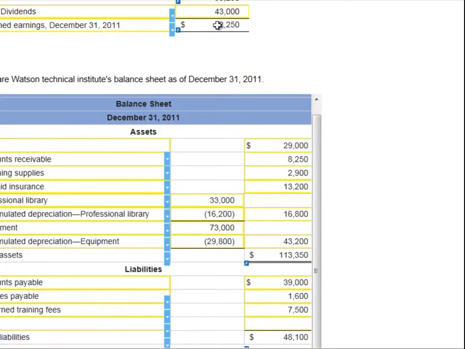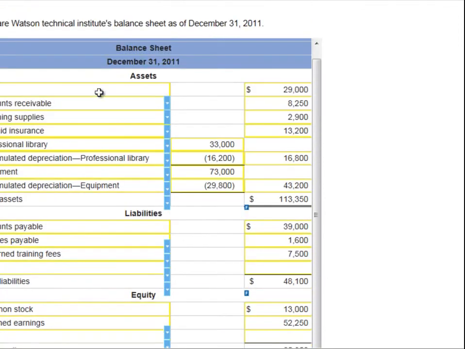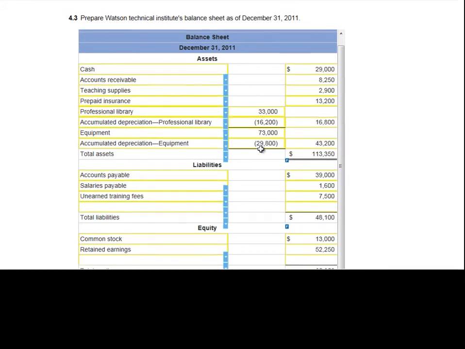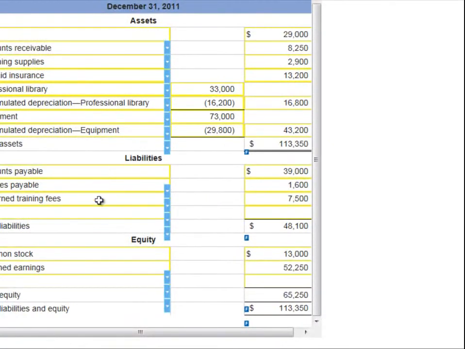And here's kind of connected to that piece. We go to the balance sheet. You pull in all of your assets. Make sure to put the amounts in the proper area, and for example, the accumulated depreciations need to be negative. Pull down your liabilities, and then you have your common stock. All of these up to this point will come from the adjusted trial balance, but your retained earnings is going to come from your retained earnings statement.